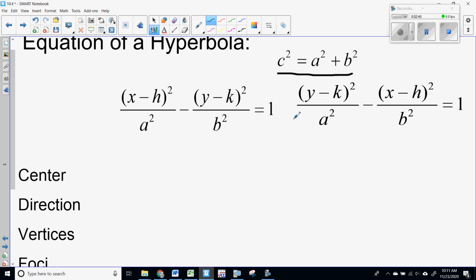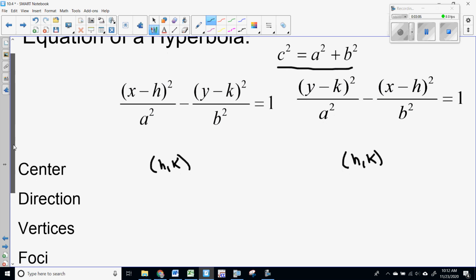Addition, it doesn't. So you'll notice if the a is underneath the y, it goes first. If it's underneath the x, it goes first. Our center is still (h, k) on both. Notice the second one here is a little harder because now my h is over here with the x. h is always with the x, k is always with the y.